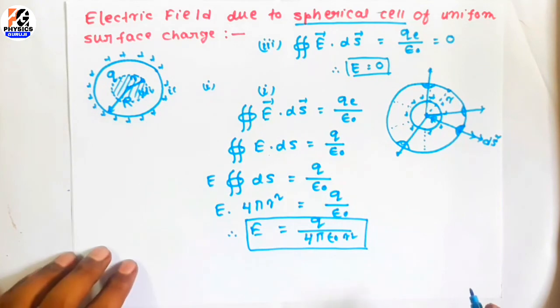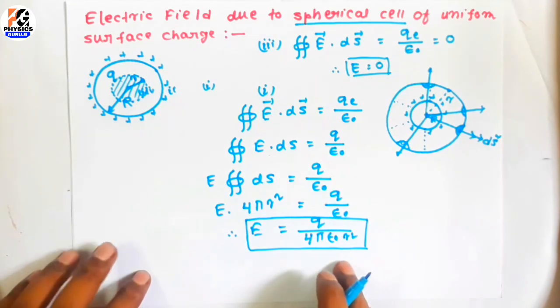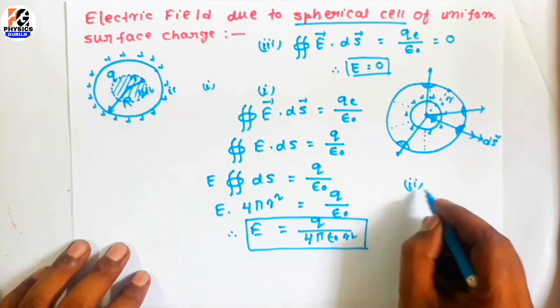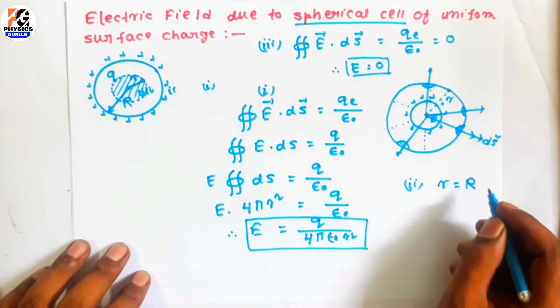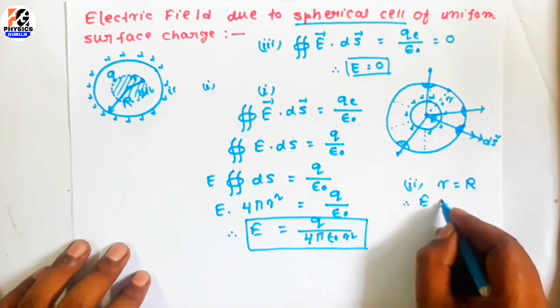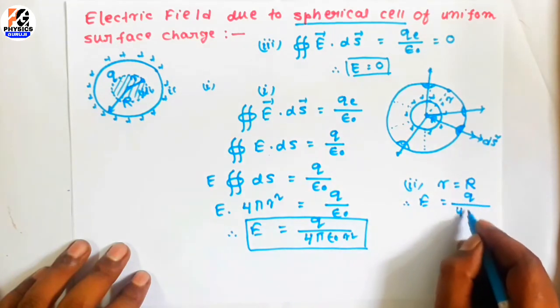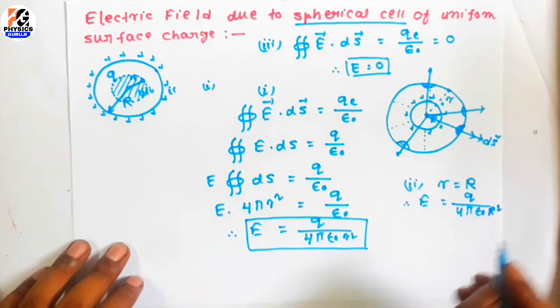Now I will draw the graph to show the electric field outside, inside, and also on the surface. Now in the case of on the surface, small r is just equal to capital R. So here the electric field will be E equals q by 4 pi epsilon 0 R squared.